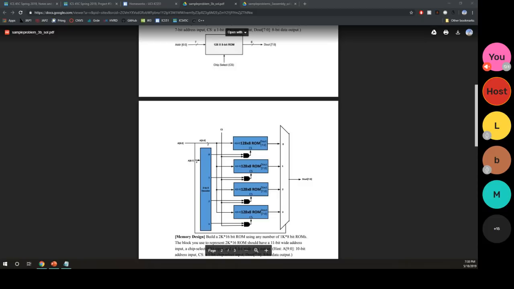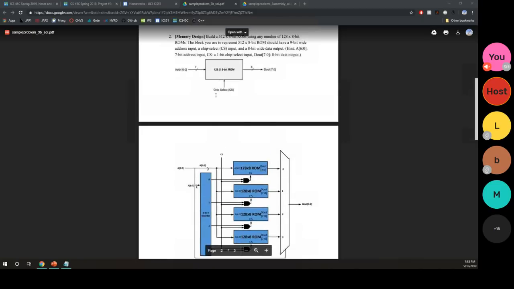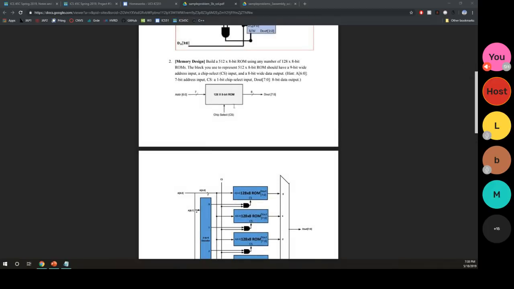If you just remember however many bits an address needs to be, that's the most important part. In this case, you have 128 memory slots inside of this ROM, and you say 2 to the number of bits is equal to 128.